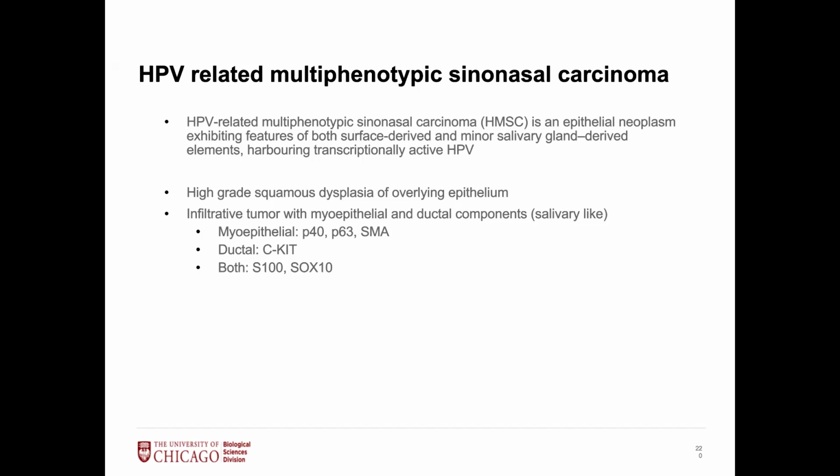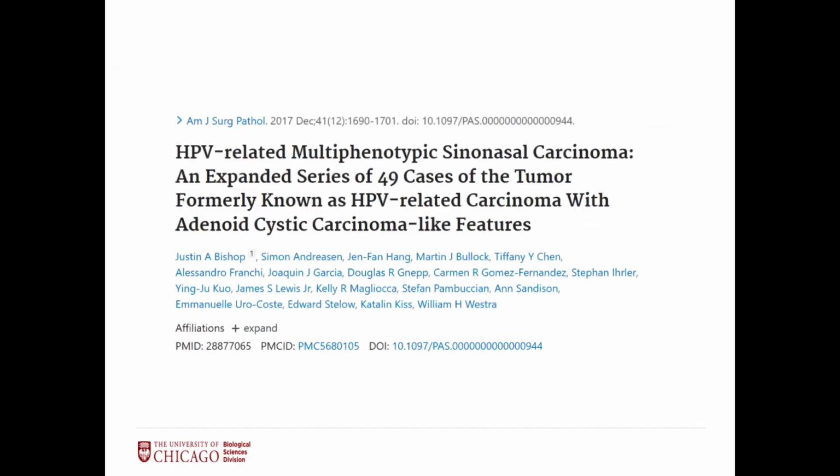So you're going to see dysplasia in the overlying epithelium, and then an infiltrating tumor with myoepithelial and ductal components. The myoepithelial components are highlighted by p40, SCC3, SMA. The ductal component is highlighted by CKIT, and both components are highlighted by S100 and SOX10.